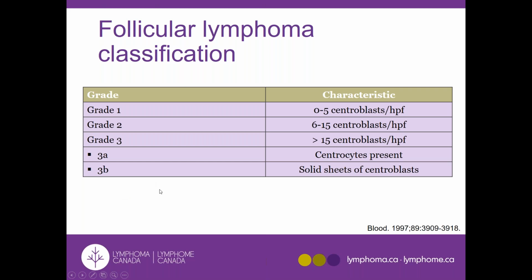And I highlight this mainly to, again, point out the importance of tissue, because we need a whole lymph node or a good piece of a lymph node to be able to properly tell this grading, and for the pathologist to be able to tell. So again, the importance of getting a good amount of tissue for lymphoma diagnosis.